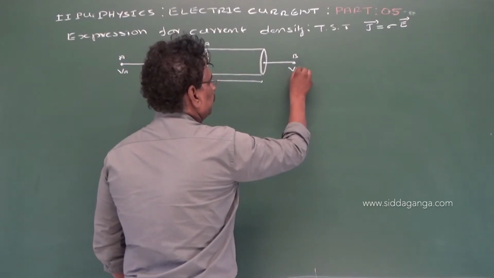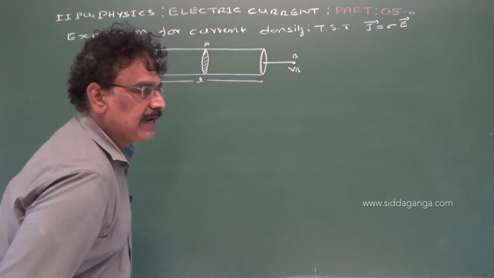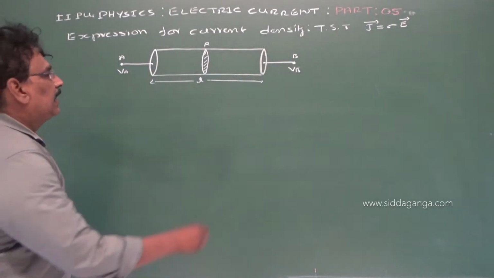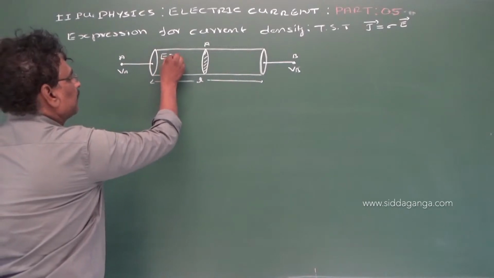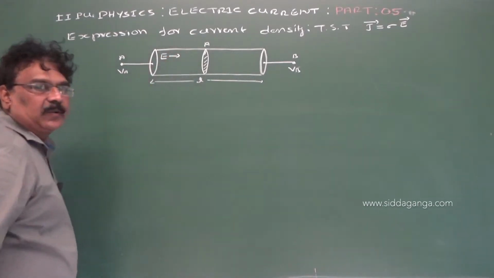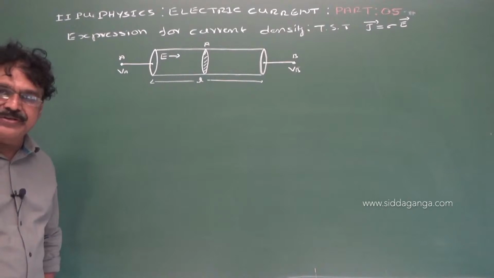Now this potential difference establishes an electric field inside the conductor from higher potential to lower potential.